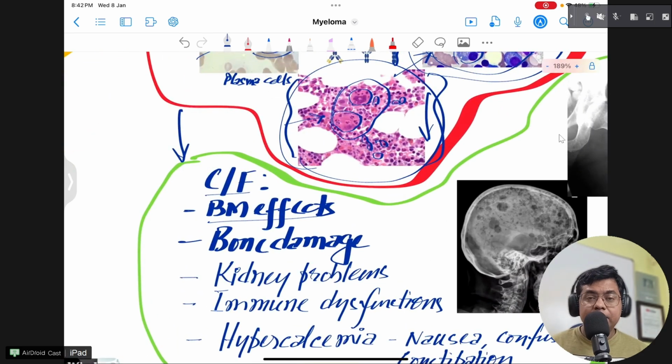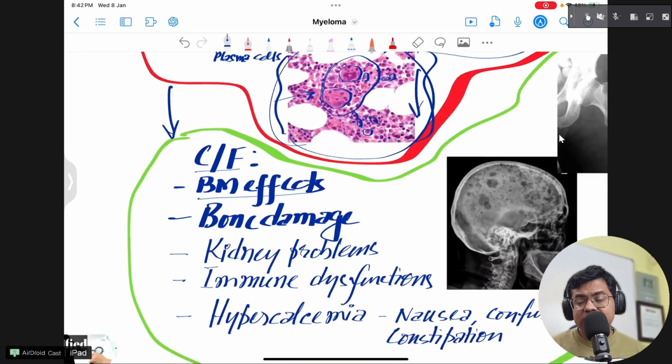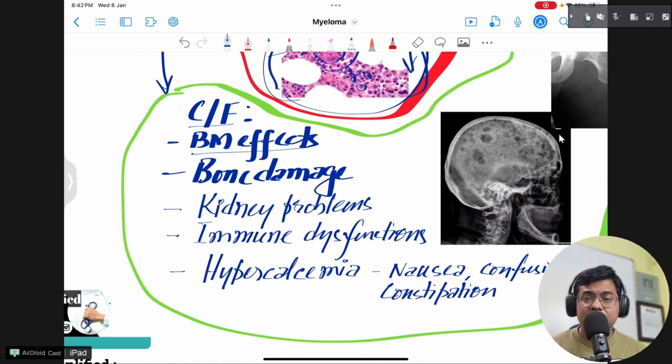Due to anemia, there may be weakness, lethargy, shortness of breath, etc. Due to a lower number of neutrophils, there may be an increased chance of infection. Due to a lower number of platelets, there may be bleeding or purpuric spots, etc.